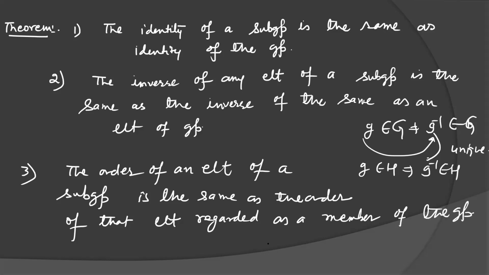What is the meaning? If g has order n in group G, and if g belongs to H also, then order will be n only. Remember this point. Order of any element is same in group and subgroup both.